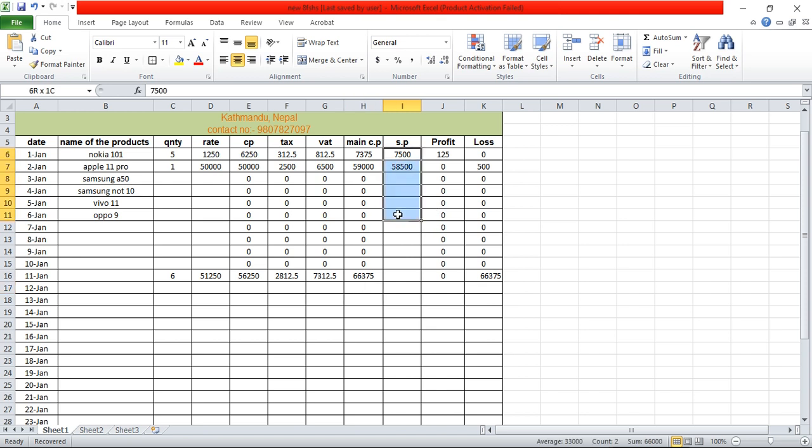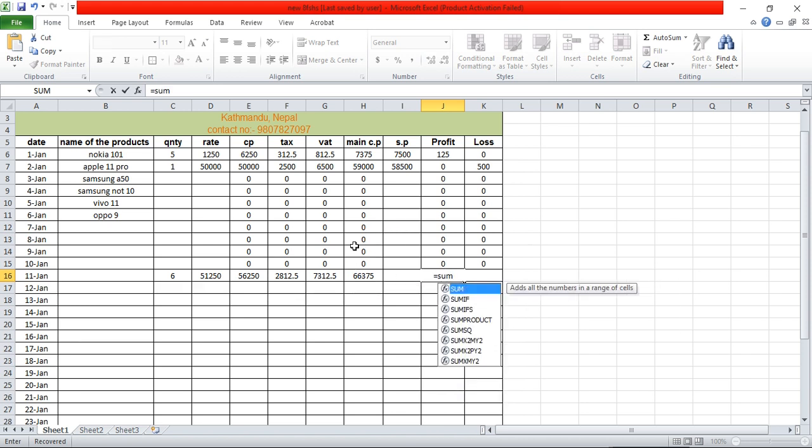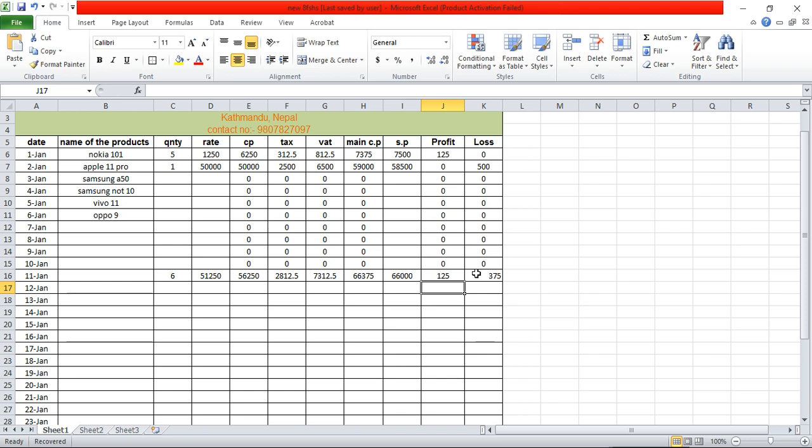Okay, for selling price also, similarly, we will have the sum for this loss column.